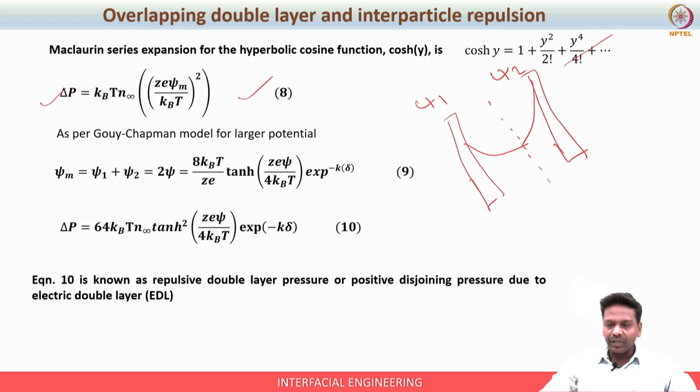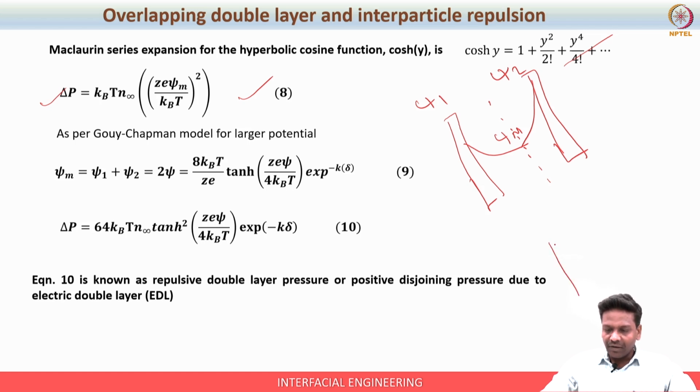Now we know from the principle of superposition at this point, what is the potential at this point? We know the surface potential of plate 1 is psi 1 and the surface potential of plate 2 is psi 2, but what is the potential at the midpoint, right? This comes from the principle of superposition theorem, that is, psi m will be the sum total of psi 1 and psi 2.